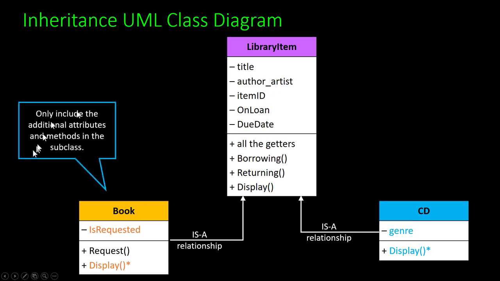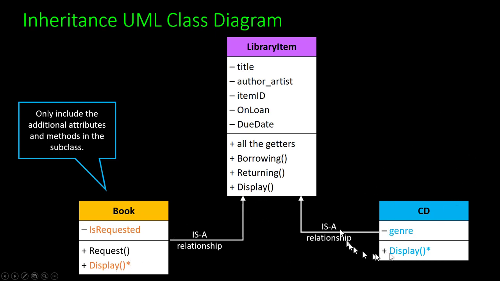So in this subclass book, we only need to include the attributes that are not already shown in the parent class, like this attribute called is requested, and then it has a method that requests the book. I will talk a little bit more about this display method. It's slightly different from the display from the parent class.